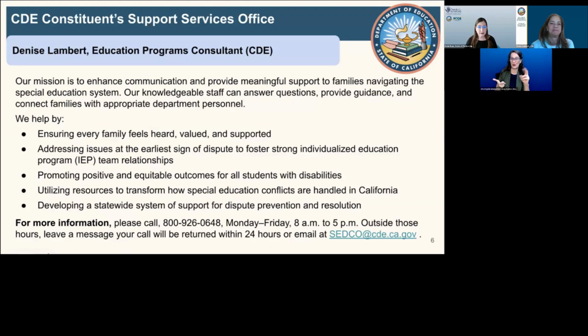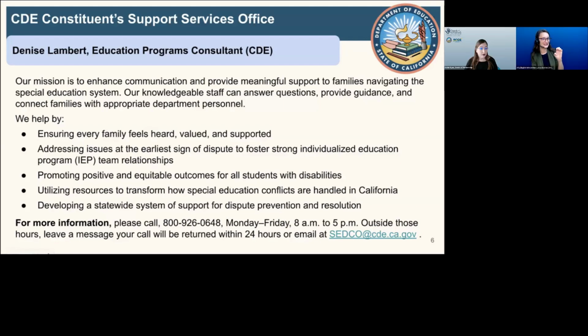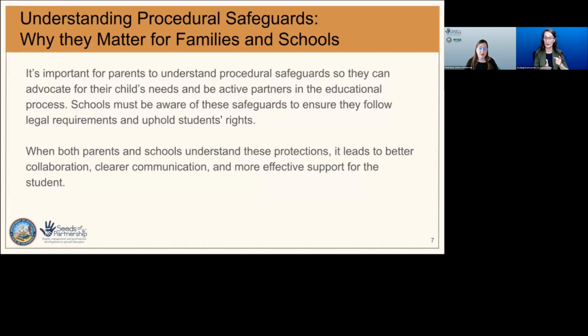Thank you, Denise. So in part one, we can go to the next slide. Part one, we shared a slide on procedural safeguards and why they matter, for both parents and educators. Just to ground us back into the topic, we want to emphasize this again. It's important for parents to understand procedural safeguards so they can advocate for their child's needs and be active partners in the educational process.